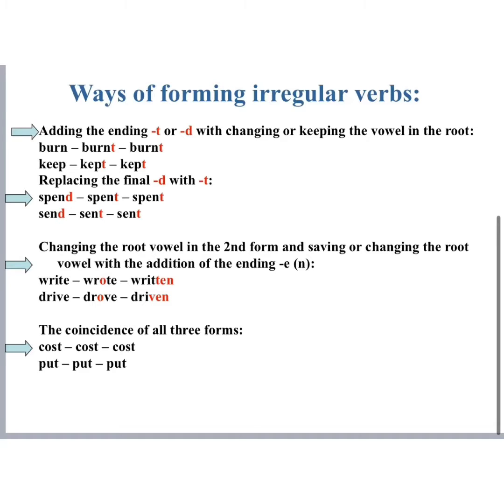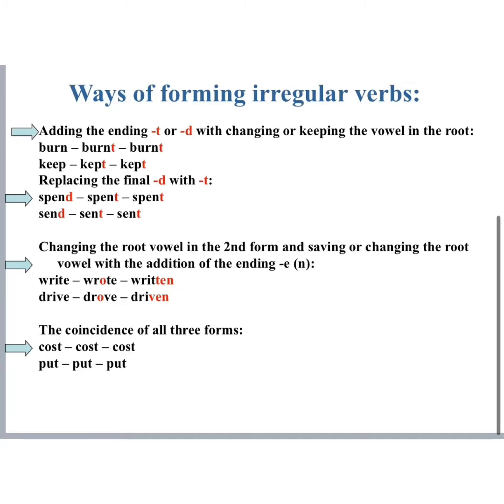The second rule is replacing the final d with t. Spend, spent, spent. Send, sent, sent. The third rule is changing the root vowel in the second form and saving or changing the root vowel with the addition of the ending -en.